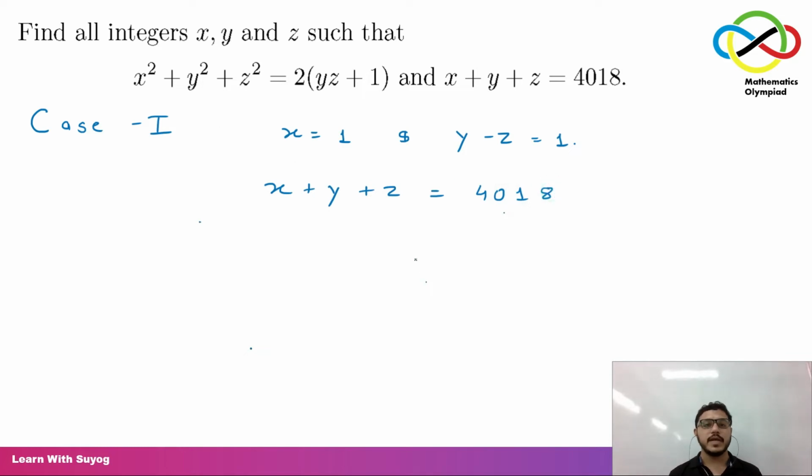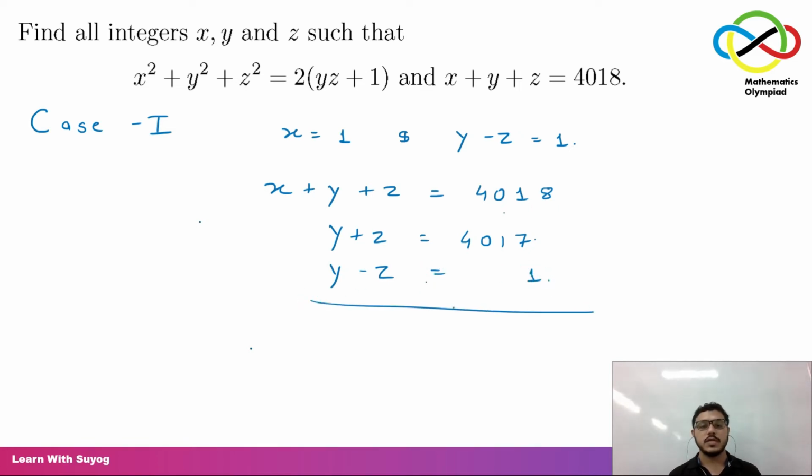When we put x equal to 1, we get y plus z equal to 4017, and the other equation is y minus z equal to 1. When we add both these equations, we get 2y equal to 4018, so y is equal to 2009.